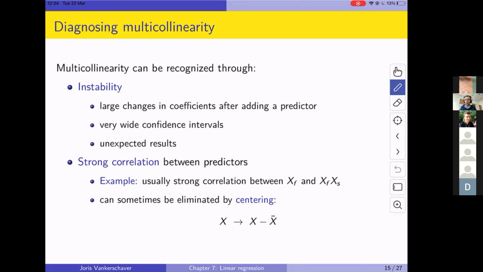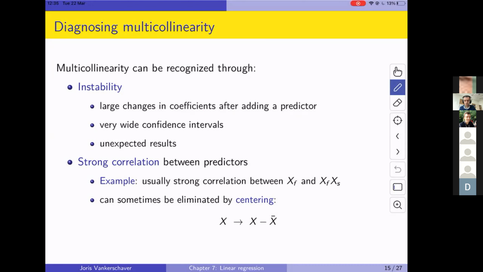Or you usually have strong correlations between predictors and higher order terms that involve predictors. So it's not unexpected that if we have a term in our model that's X phosphor, and then we have X phosphor times X nitrogen, those two will share some information and will be correlated.